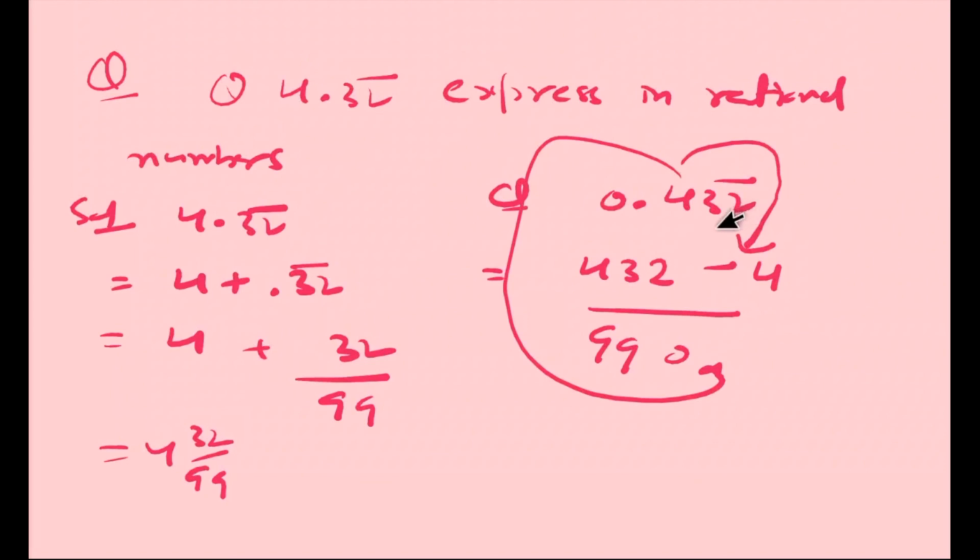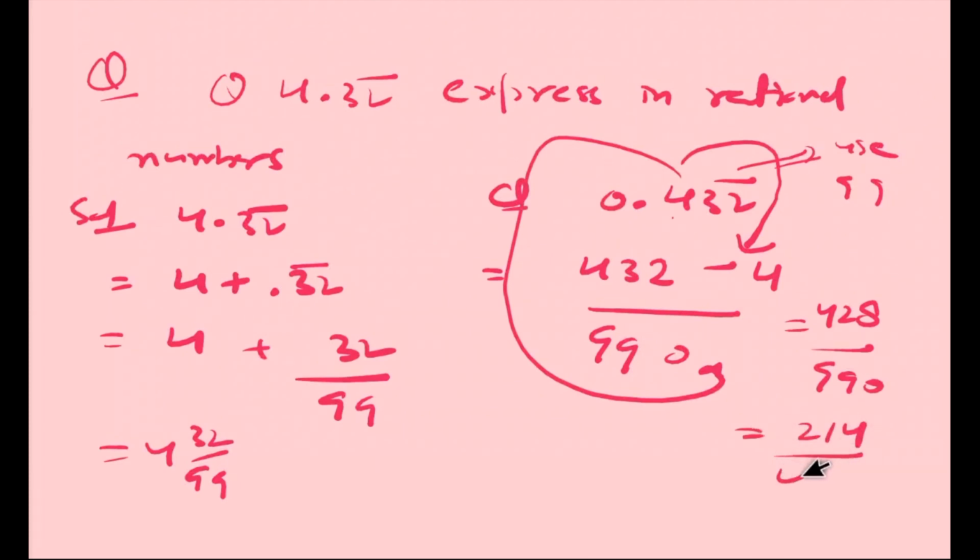For these 2 digits we use 99, and for this digit we use 0. So what is your answer? 428 upon 990, 214 upon 495.